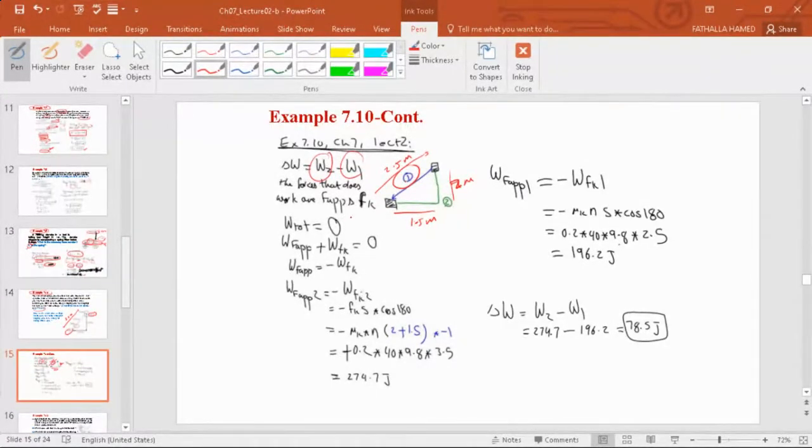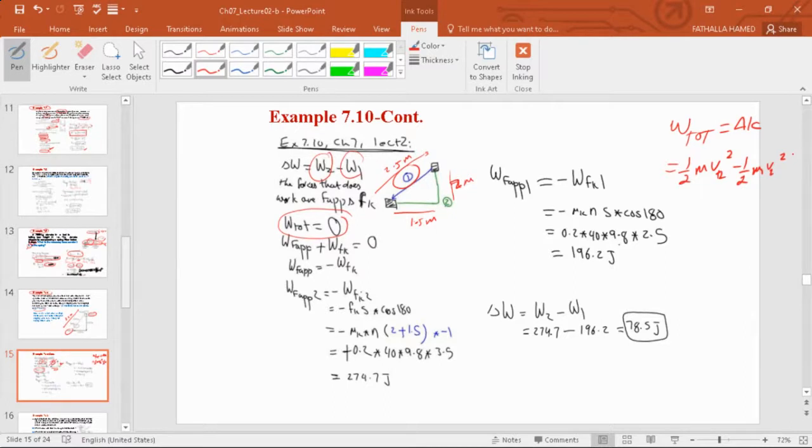Now, the total work here should equal 0. You can argue about that. You know that we said the total work should equal the change in kinetic energy, which is 1/2 m v2 squared minus 1/2 m v1 squared.